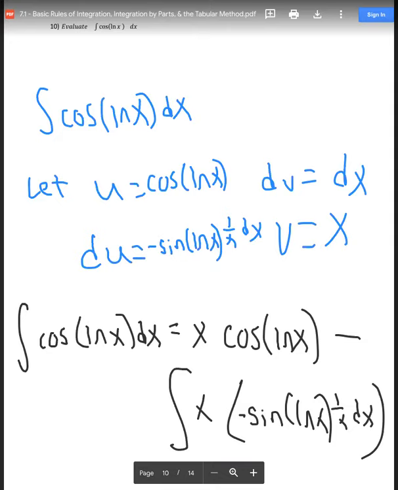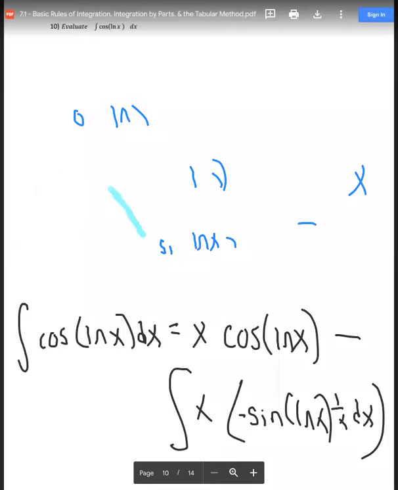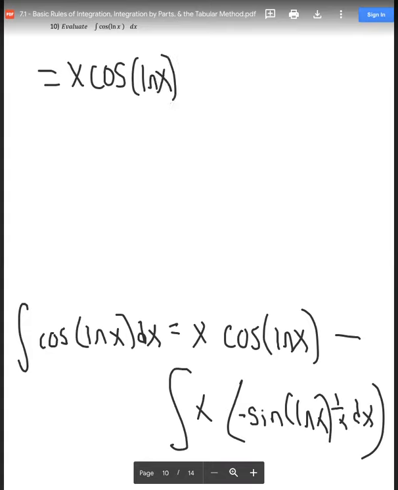And that's what you actually have to do for this particular problem, because when you simplify this out, you'll notice that this little formula over here is, let me write it out. x cosine of ln of x minus, these x's cancel out, and I'm going to move the negative to the front, so this becomes a positive. Sine of ln of x dx.